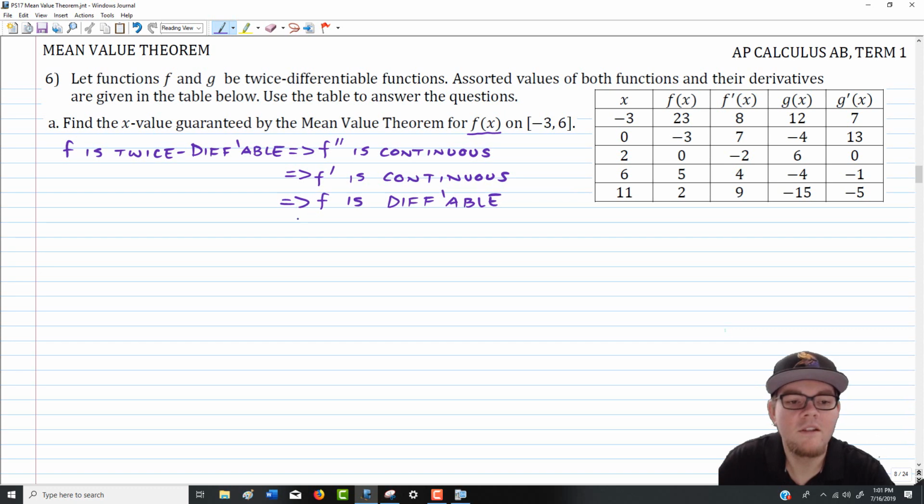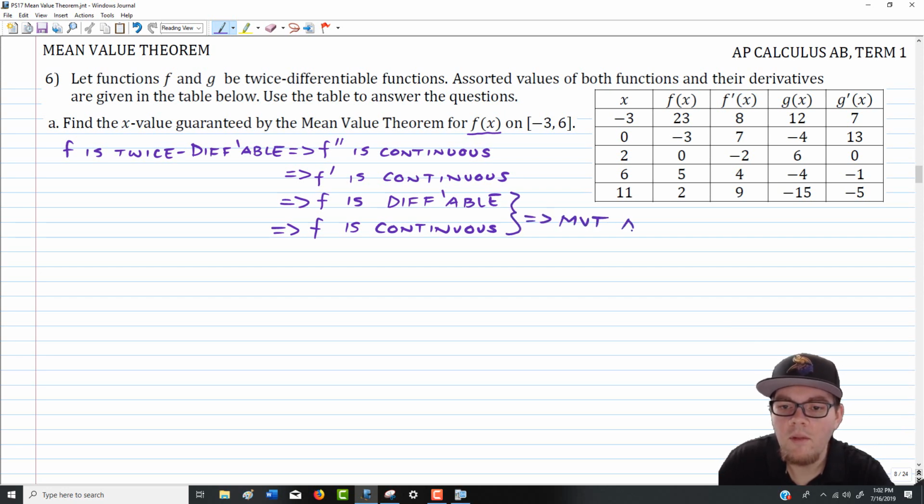And then finally, you can see how fun this mathematical reasoning is, if f is differentiable, differentiability implies continuity, which means f is continuous. So given those last two statements, that's enough for us to say that the mean value theorem applies, specifically here to f of x, although it would also apply obviously to g because of the same properties.